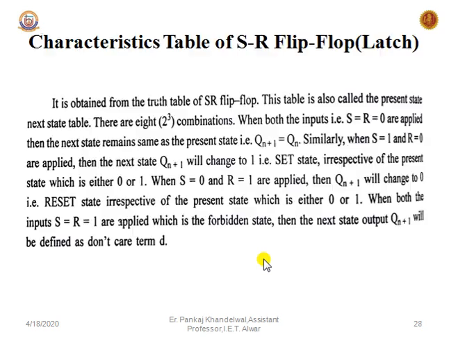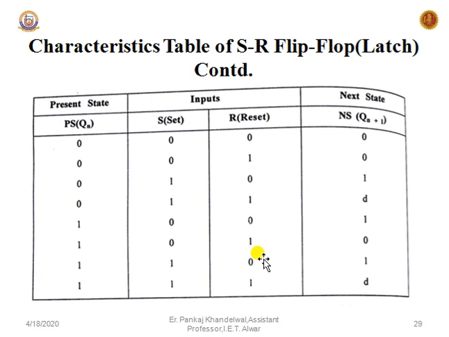After that, we have to draw a characteristic table by using the truth table of the NOR gate. The characteristic table is the table in which we assume that we already know the present state and the inputs set and reset. Three inputs are already known, and we have to find the next state.